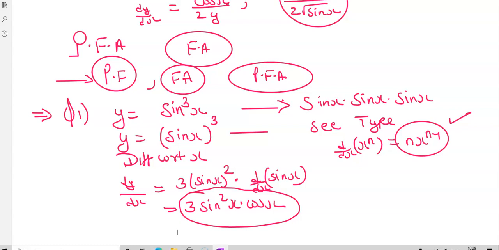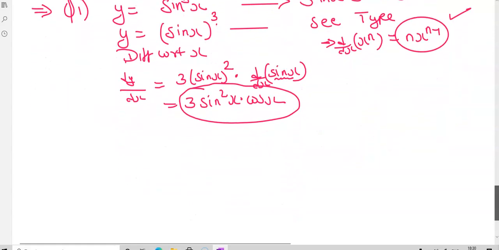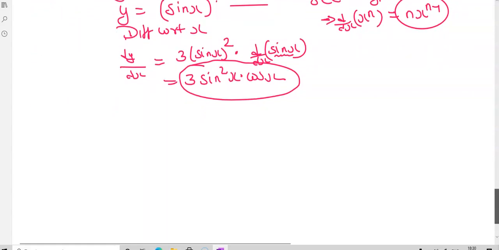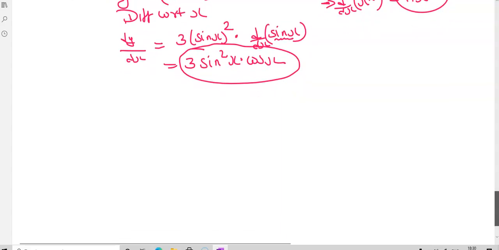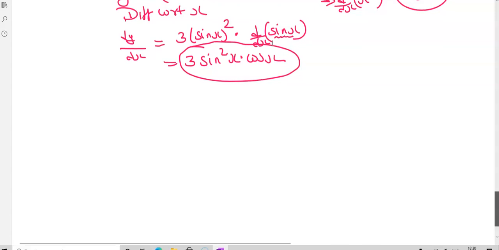So again reminding you that sine cube x has been treated as sin x whole cube, and this is being treated as x to the power n giving n x to the power n minus 1. But after applying this, instead of x, if there is something, we have to differentiate that particular thing also, whether it's in the nature of angle, any trigonometric function, any type of function apart from x, we need to further differentiate.